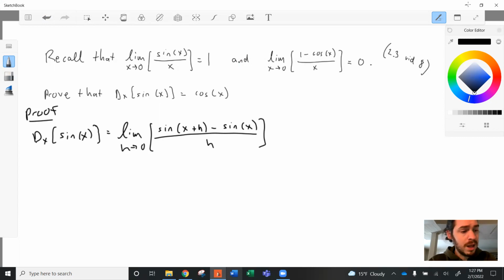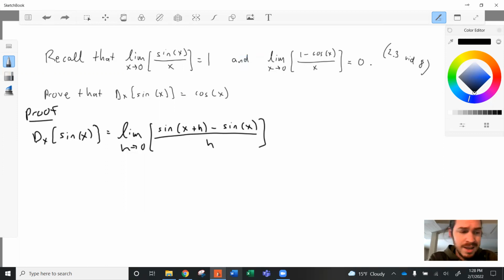Okay, well, the first thing we're going to do to this is apply a trigonometric identity, which you may have forgotten from your previous semester, but it's okay. I'll remind you. In general, in this class, I'm going to be reminding you of trig identities when you need them. So this here, sine of x plus h, is the sine of a sum of two numbers.